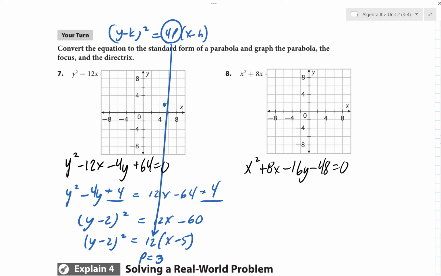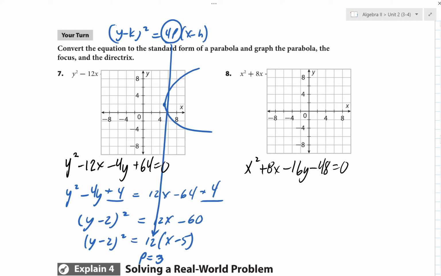And P equals 3. Now, is this going to open up, down, left, or right? Claire? Open to the right. That's correct. It will open to the right because y is squared, so we know it's sideways. And since P is positive, it's going to open in the positive direction.